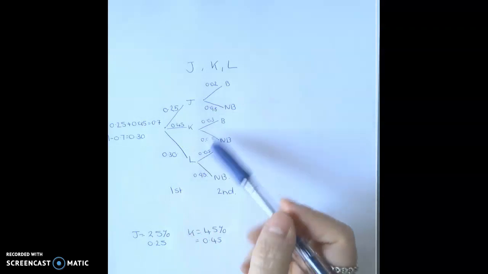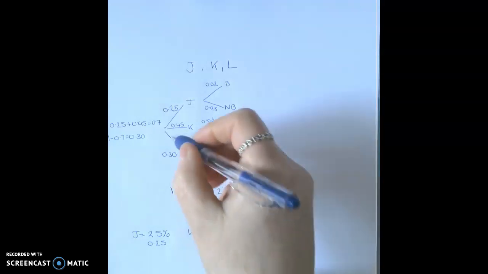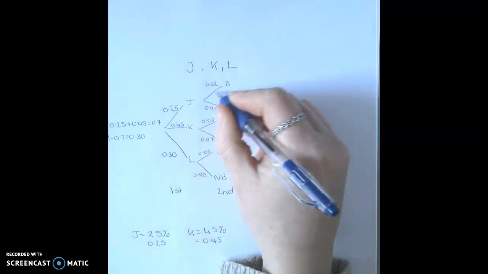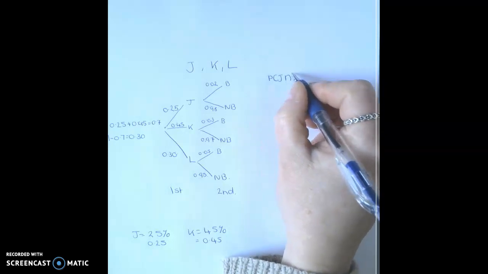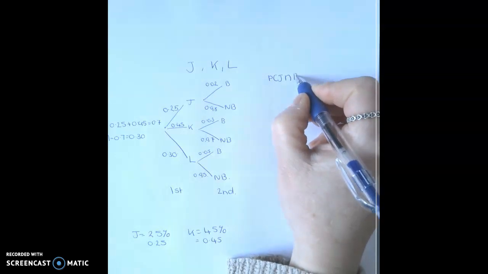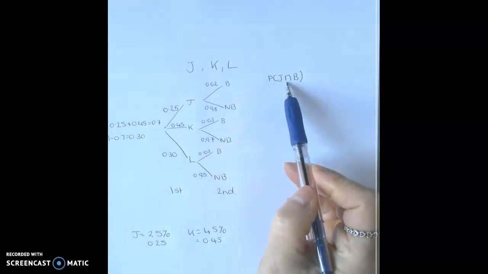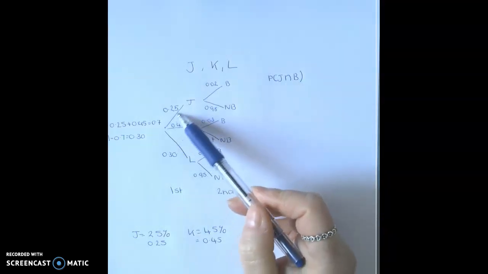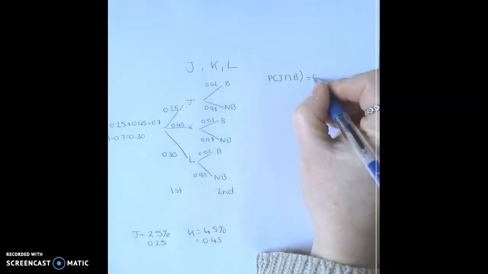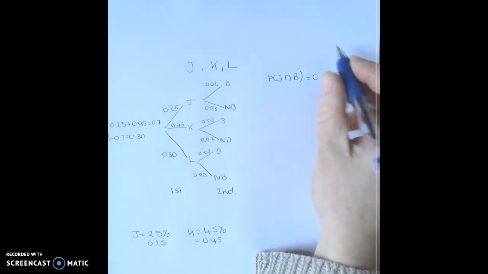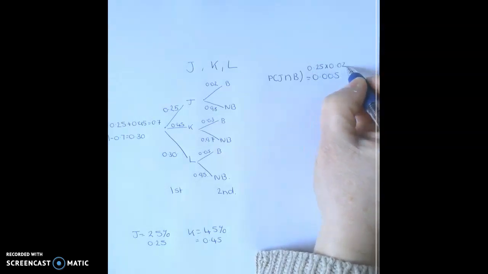Now we have all the bits we need in our tree to work out the probabilities. If we have a look at the outcomes, if we follow this branch along, the probability of picking machine J and, remember the and sign, the intersection, the probability of picking machine J and the biscuit being broken, well, we times along our branches, and that equals 0.005, and that comes from 0.25 times 0.02.